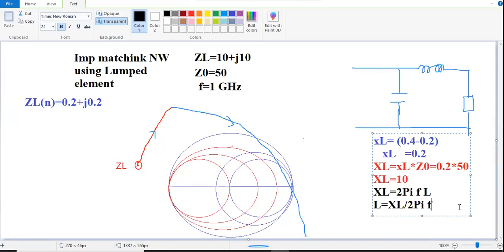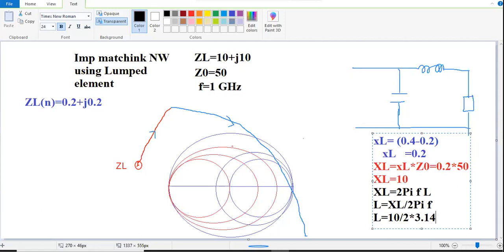So put the values. It looks very simple, and it is simple, but just do this step. So it is 10 divided by 2 pi, 2 into 3.14.